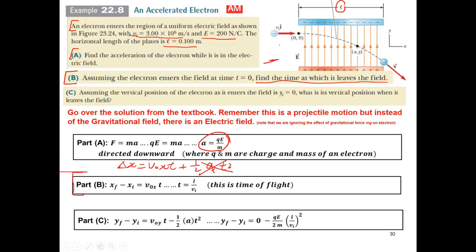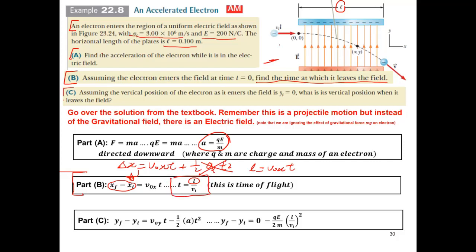In projectile motion in Physics 1 we ignored wind and friction, so there is no force in the x direction and nothing to change the velocity. Acceleration is equal to 0. So when you apply this, you can easily find t. Our delta x is simply L, so L is equal to v naught x multiplied by t, so t is equal to L divided by the initial velocity.